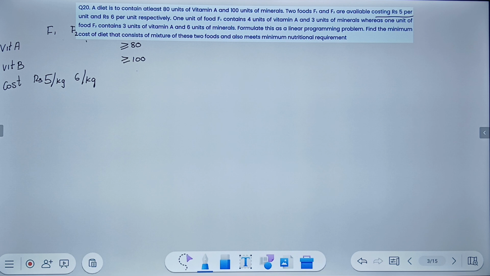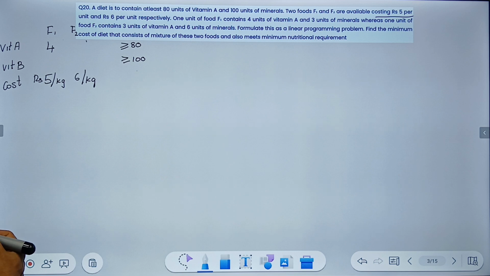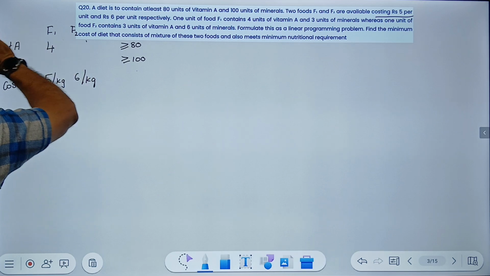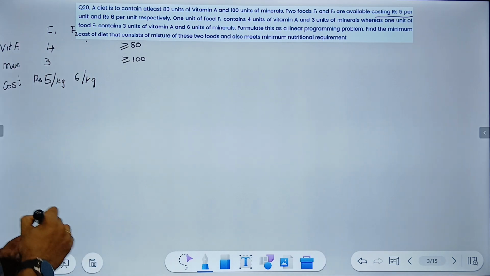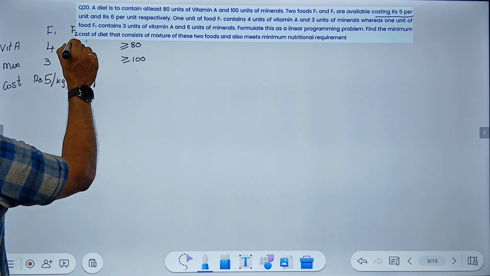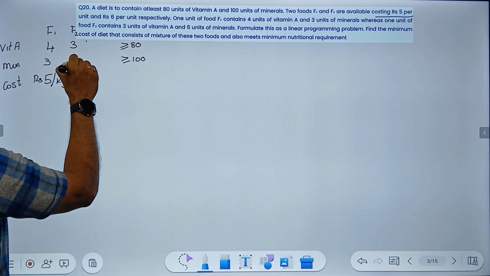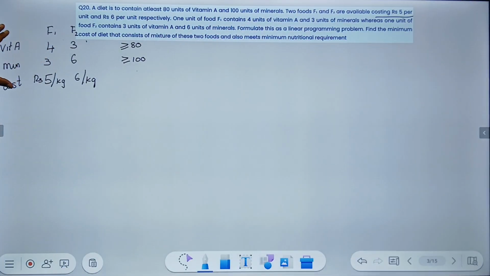Now one unit of food 1 contains 4 units of vitamin A and 3 units of mineral, not vitamin B, it's mineral. Whereas 1 unit of food 2 contains 3 units of vitamin A and 6 units of mineral. So whatever is given in the question, I have put in tabular form.